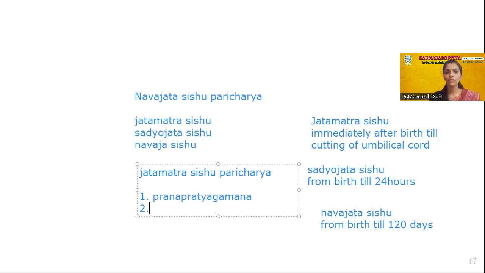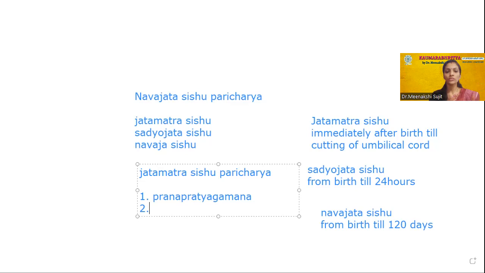Whoever the baby is having respiration problems, respiration distress, like maybe the respiratory system and cardiovascular system didn't take its functioning immediately after birth, then that baby is subjected to the Pranapratyagamana, that is neonatal resuscitation, right?